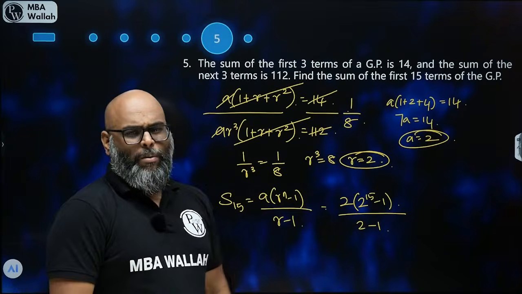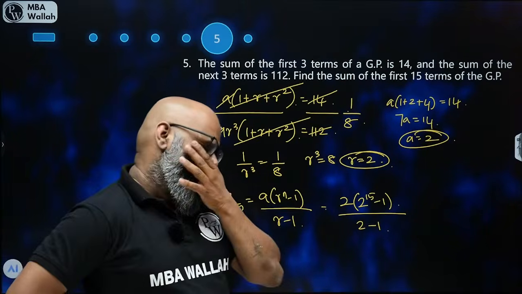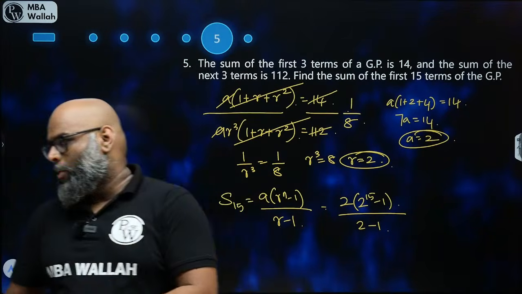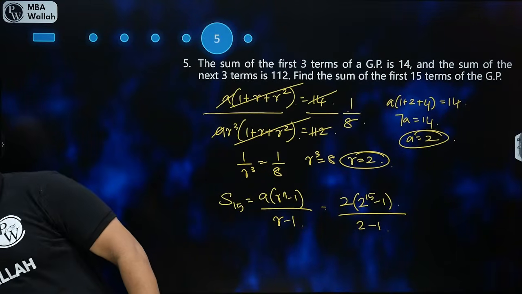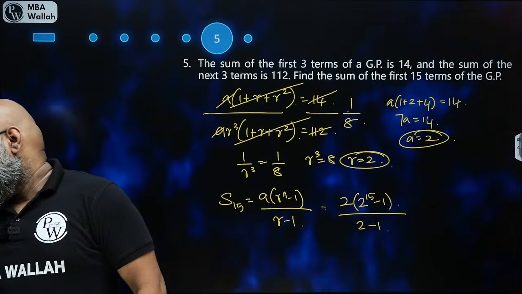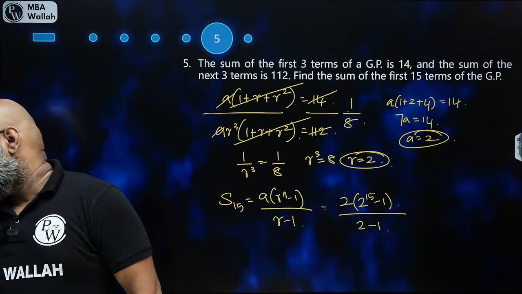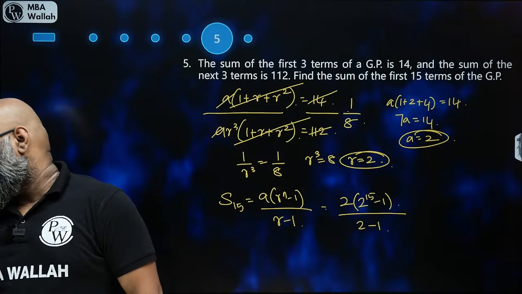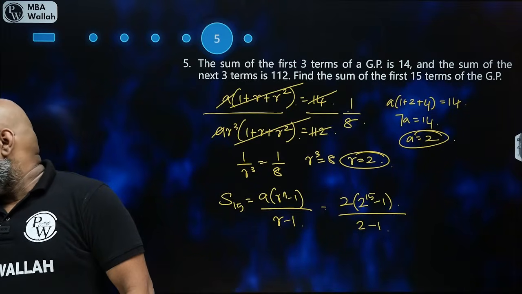2 power 15. What is 2 power 15? 32 into 32 into 32. 32 into 32 is 1024. Sorry, 1024 into 32 is 32768.